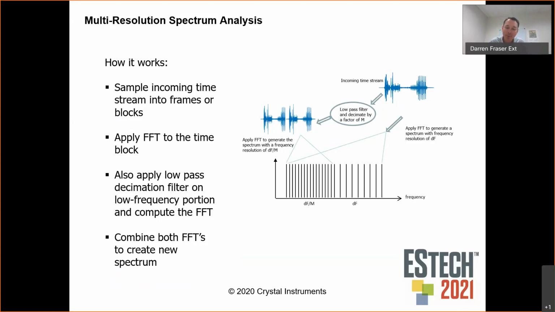However, in parallel, we take that same block and we apply a decimation filter, and then we apply an FFT to it. So we have two FFTs side by side that we have computed as this time stream is coming into our analyzer.